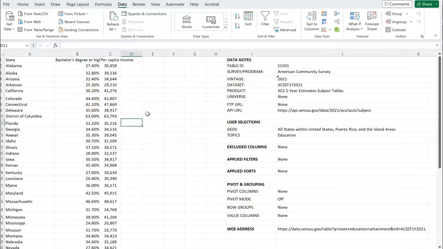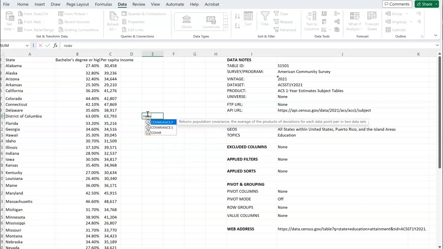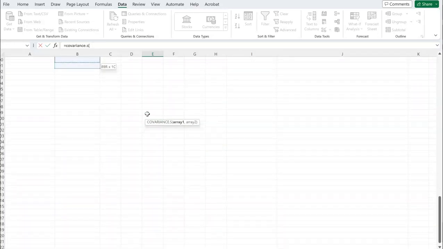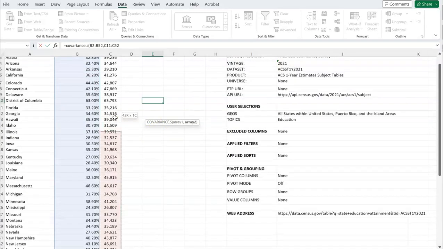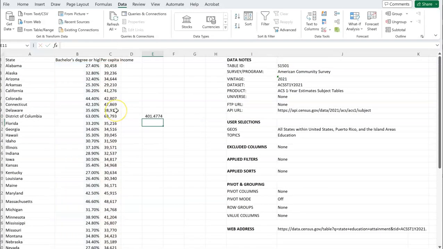Now, covariance is just telling us how two of these values are related to each other. The formula for that is covariance, and since we are using a sample, we'll say .s. Then it asks what's the first array of data, and it doesn't matter which one I put first, comma, then the second array of data, which is all this, and then I click enter.